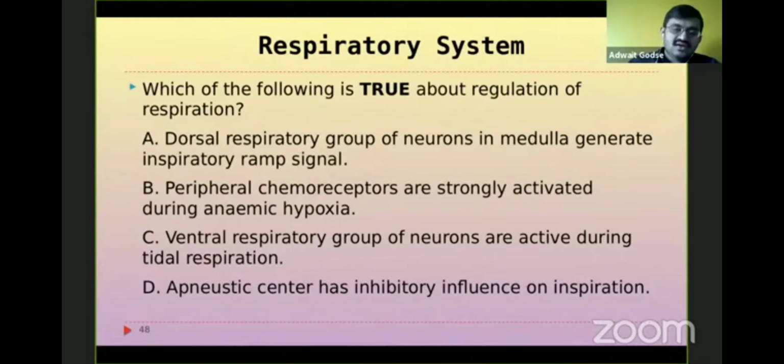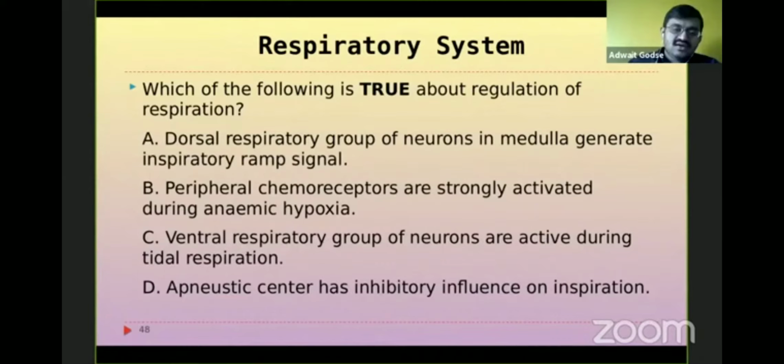But in anemia, dissolved oxygen is not changing, and peripheral chemoreceptors are sensitive to dissolved oxygen and not the oxygen carried by RBCs. So, it is the only exception amongst all hypoxias where there will not be stimulation of peripheral chemoreceptors. So in anemic hypoxia, peripheral chemoreceptors are not stimulated. Please read about all four types of hypoxia.